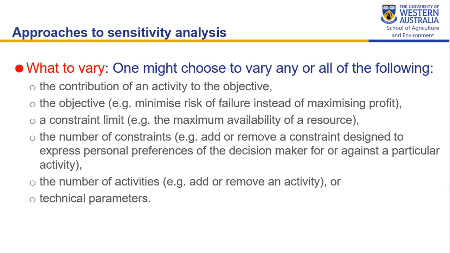For example, the contribution of an activity to the objective, such as the effort of fishing activity on the net present value of a fishery; the objective itself, like maximizing net present value versus maximizing or maintaining a sustainable population size of a fishery; a constant limit such as the catch limit or maximum availability of resource or the carrying capacity; the number of constraints like capital constraints or water quality constraints; the number of activities; and technical parameters, which could include biological growth function, discount rate, etc.